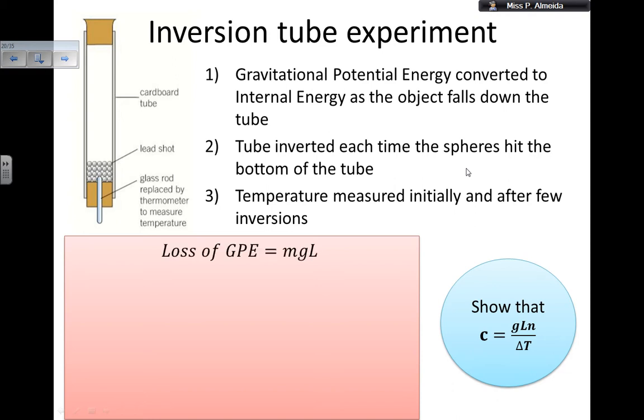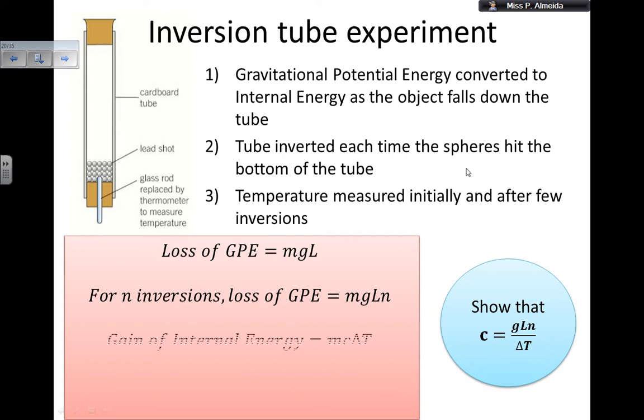The loss of gravitational potential energy is going to have the formula of the mass of the spheres times the gravity times the height that they fell, so the length of the tube. For n inversions, the loss of GPE is again the mass times the gravity times the length times n. So the gain of internal energy, because I know that energy is being transferred to increase the temperature, is going to be the mass times the specific heat capacity times the temperature change.